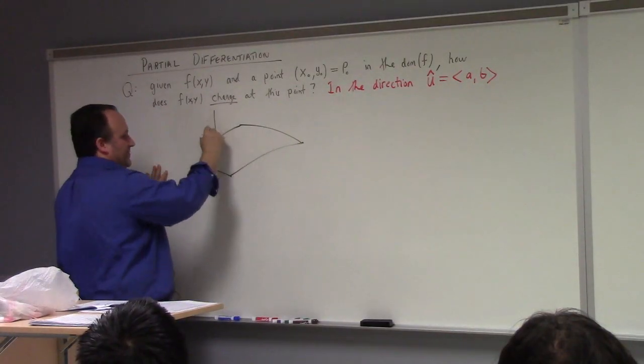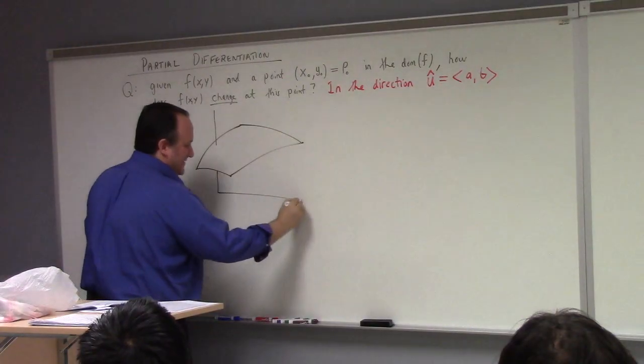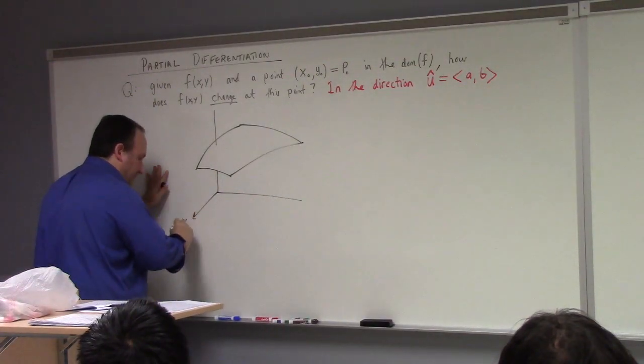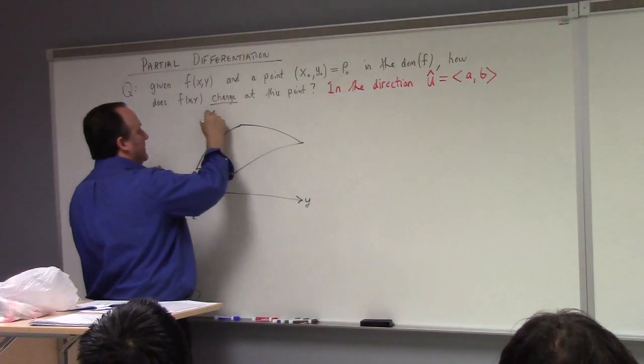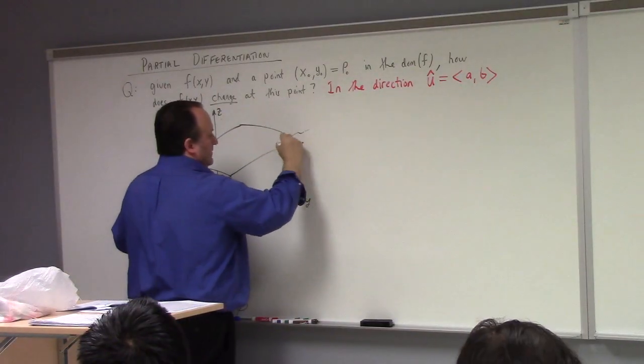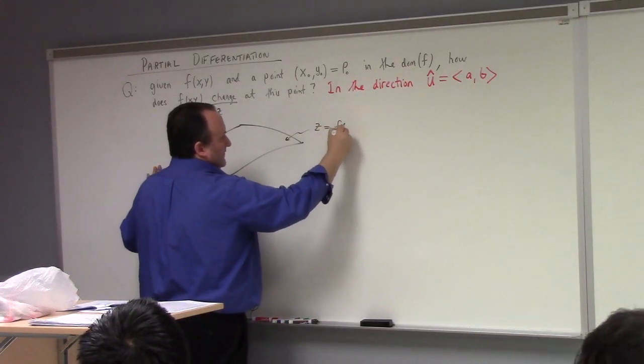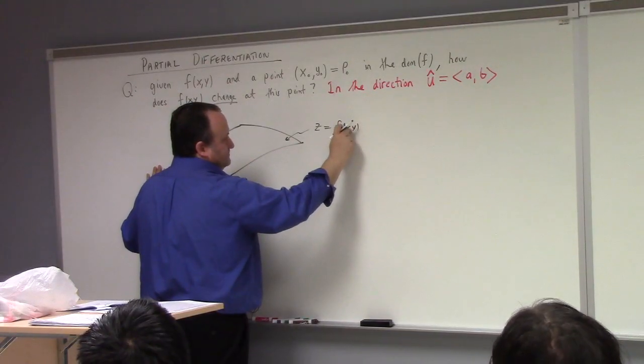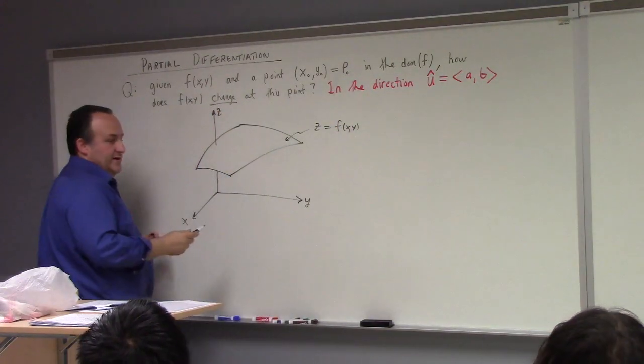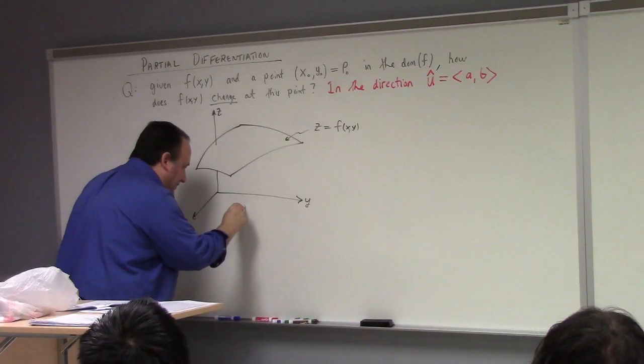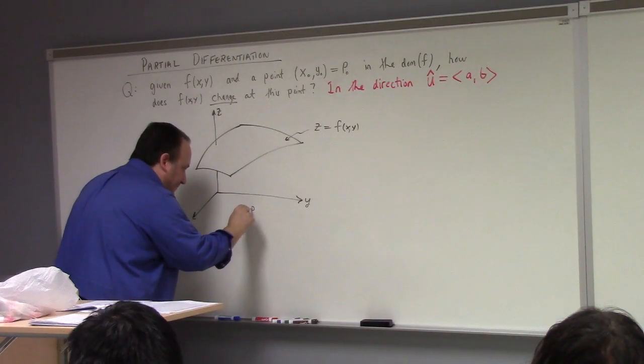All my graphs kind of look the same when they're about this kind of thing. So here we're looking at z equals f of x comma y. We've got some point in the domain which we could visualize as down here, P naught.